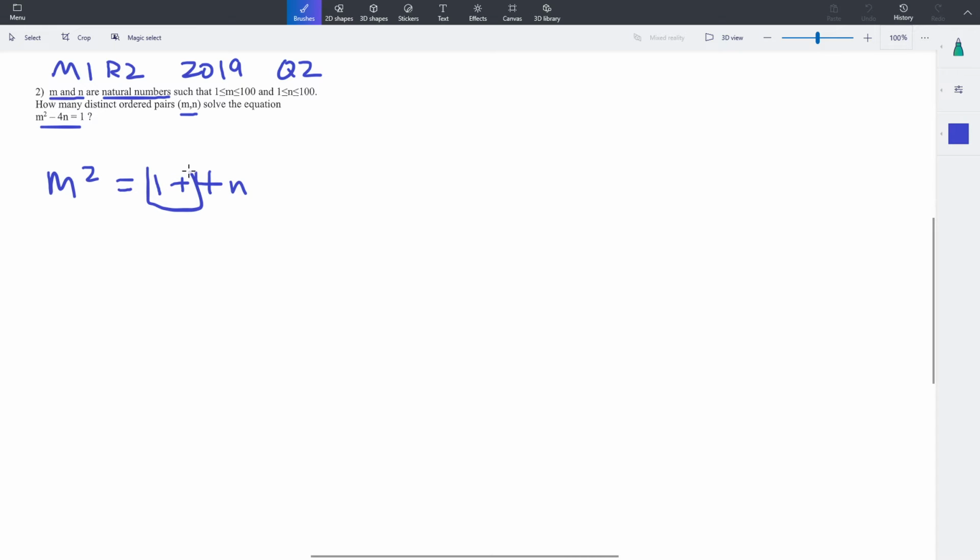And then the 1 plus there is saying that this whole thing on the right side is actually an odd number. So the thing on the right has to be odd. That's a condition we get just from knowing that n is a natural number from 1 to 100: multiplying by 4 makes it even, and plus 1 guarantees that it's odd, because any even number plus 1 is odd.